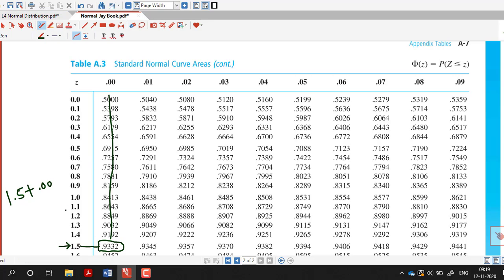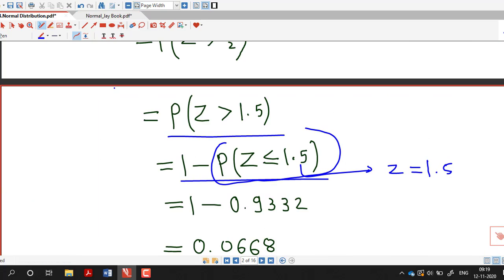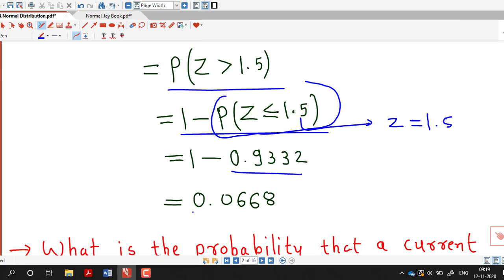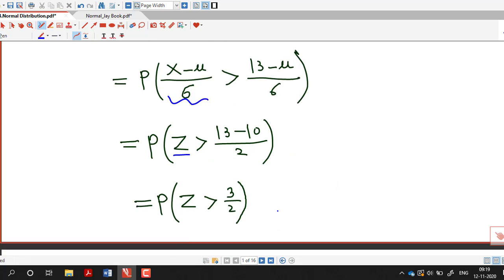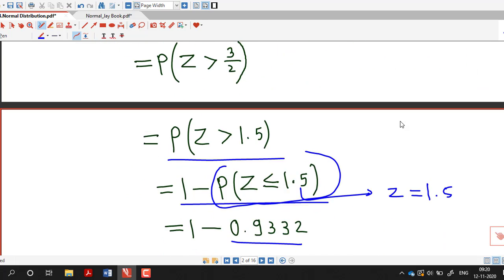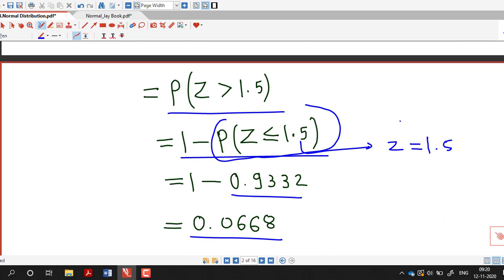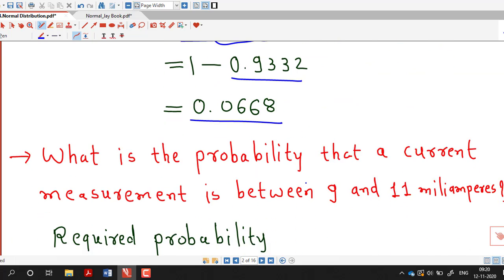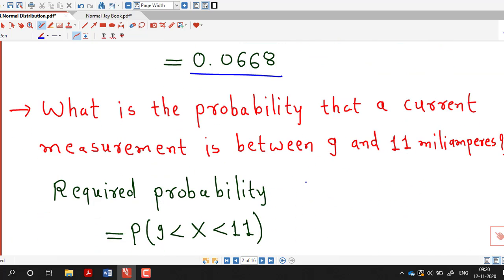The area corresponding to Z equal to 1.5 is 0.9332 from the standard normal probability table. We substitute that value here, and we find the required probability: probability that current measurement exceeds 13 milliamperes is 0.0668.